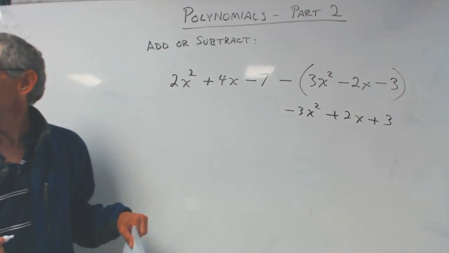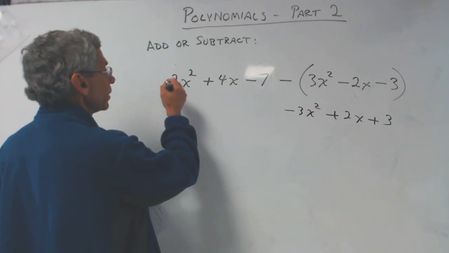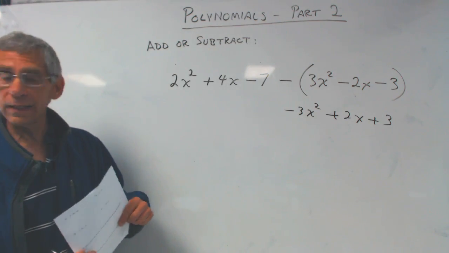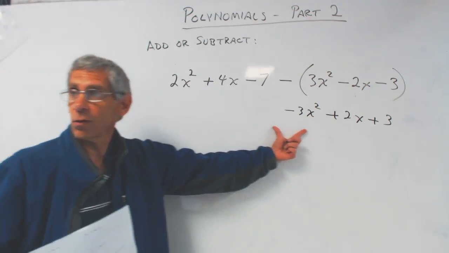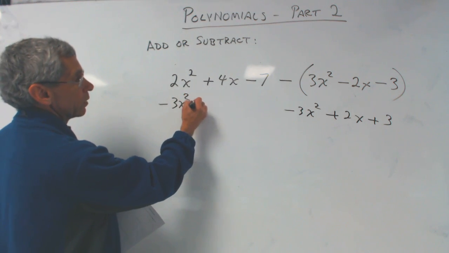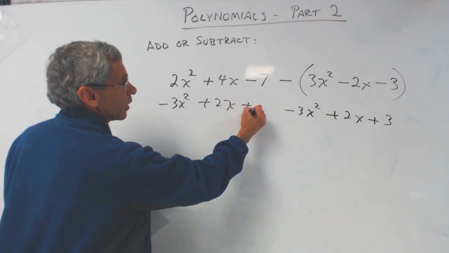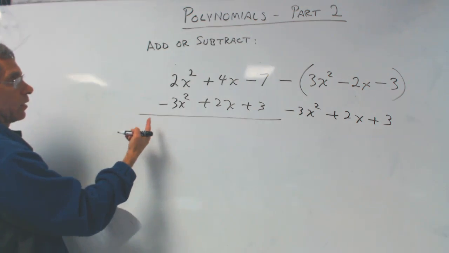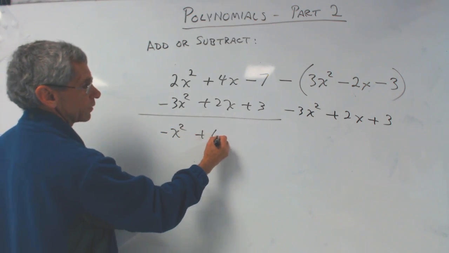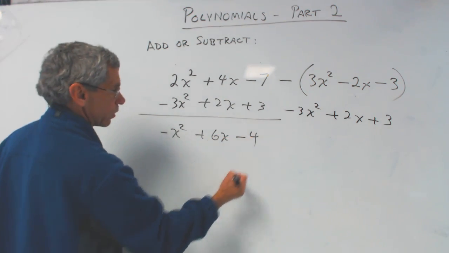Do you see that? And so now I'm going to combine these. And if you want to, it's totally legal to bring this over here and put it right underneath it. Minus 3x squared plus 2x plus 3. If you add them now together, this becomes negative x squared, this is plus 6x, and this is minus 4.